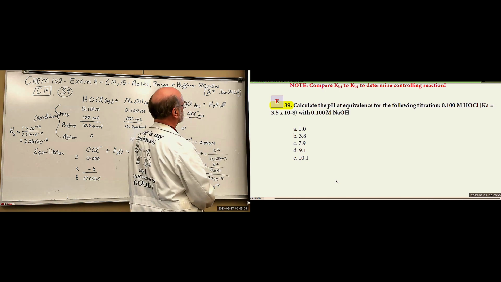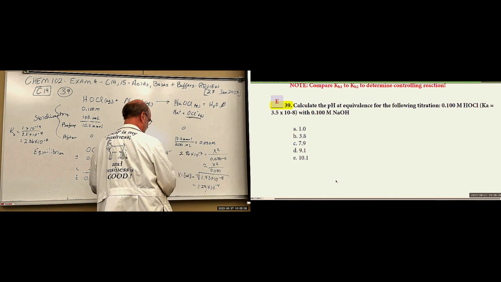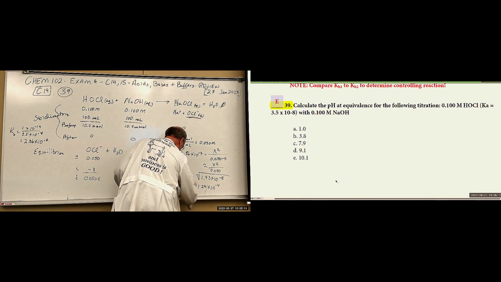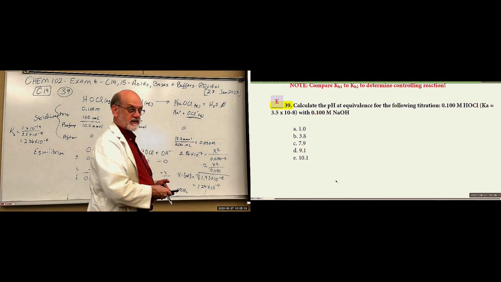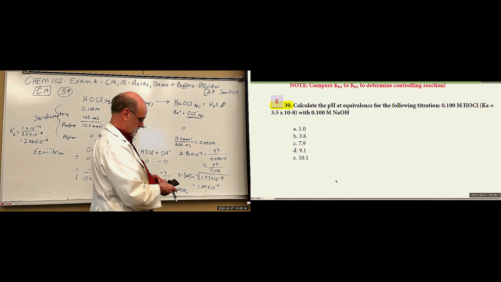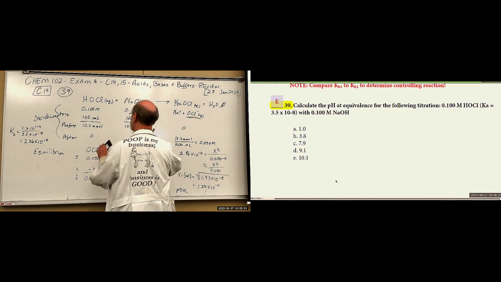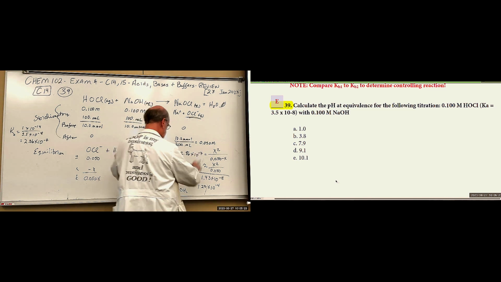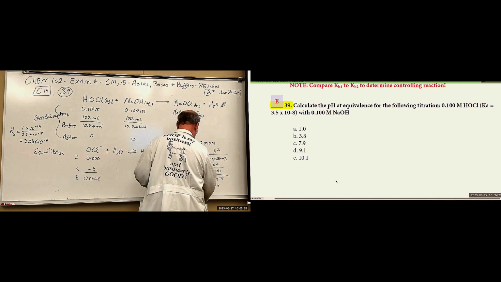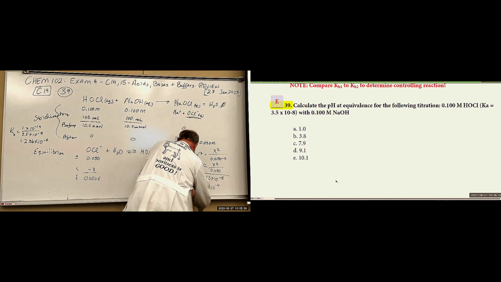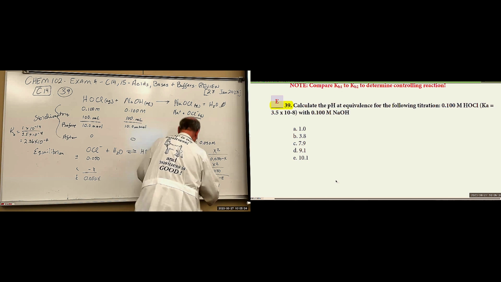And what was the question? What's the pH? Right. So let's calculate the pOH. Take the negative log of that value. 3 significant figures, so I need 3 decimal places in pOH. 3.923.